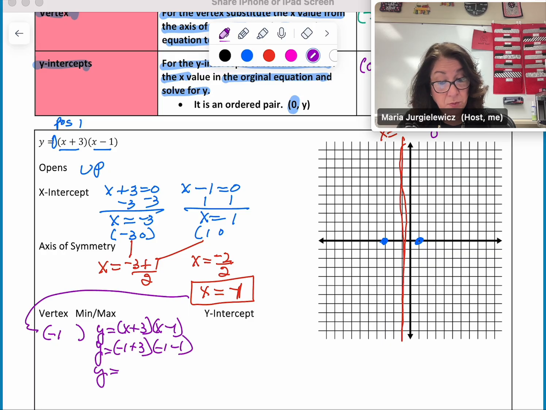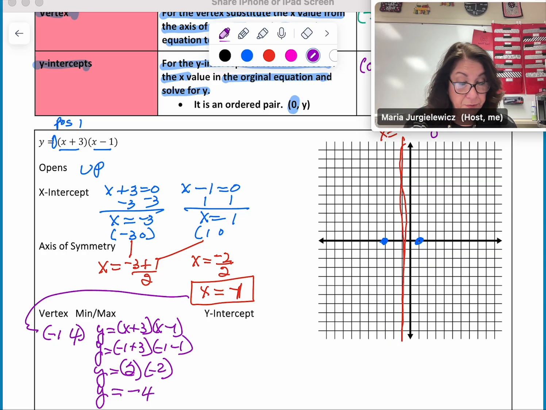All right, so negative 1 plus 3 is 2. Negative 1 minus 1 is a negative 2. And 2 times a negative 2 is a negative 4. So my vertex is going to be negative 1, negative 4: 1, 2, 3, 4. So now I know that that's going to go up. That's where it's going to switch.